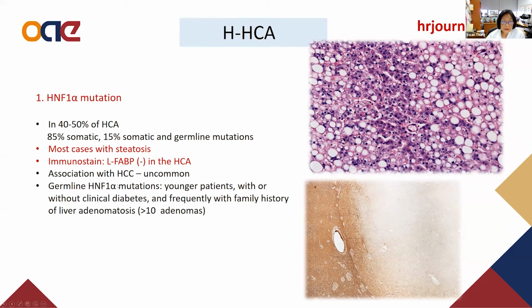And the diagnosis is confirmed, once we know that it's an adenoma, by the liver fatty acid binding protein not being expressed in the lesion. As you can see here, liver fatty acid binding protein is normally expressed in the hepatocyte, but not in the lesion. So this is confirming the HNF1 alpha mutation.